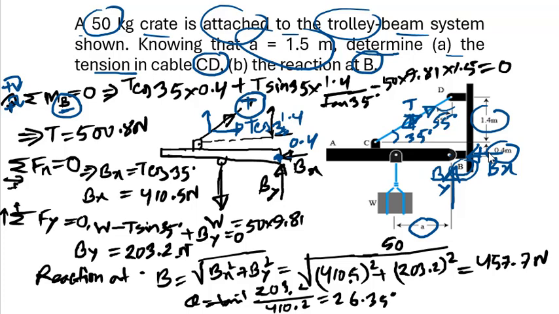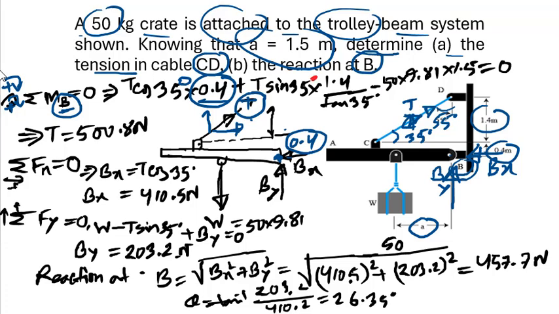When we apply the moment, the perpendicular distance is only this 0.4. So T cos 35 times 0.4, and then T sin 35, which is a very crucial point.